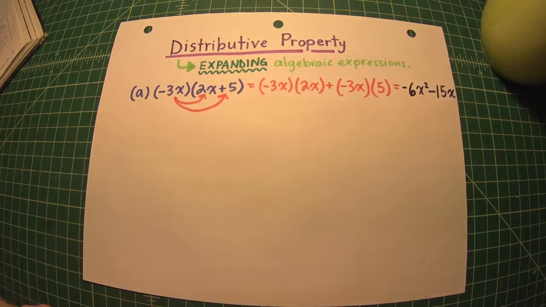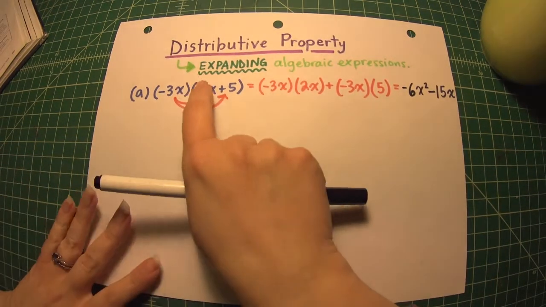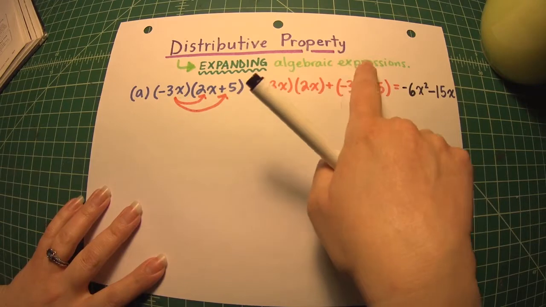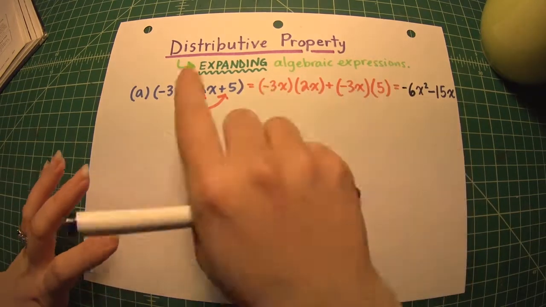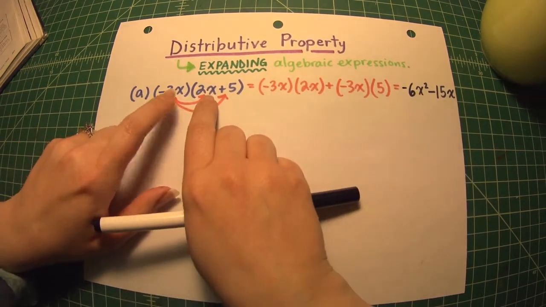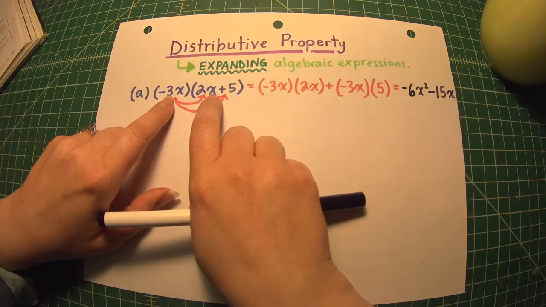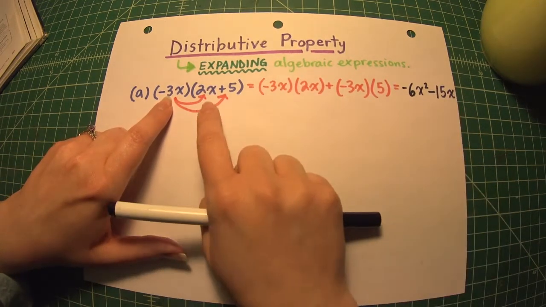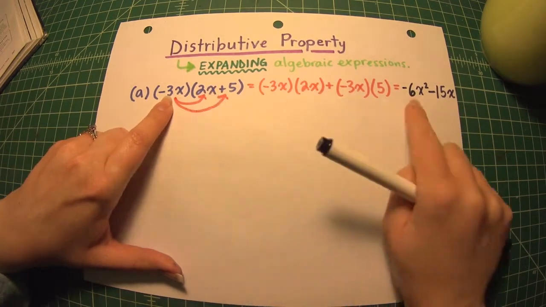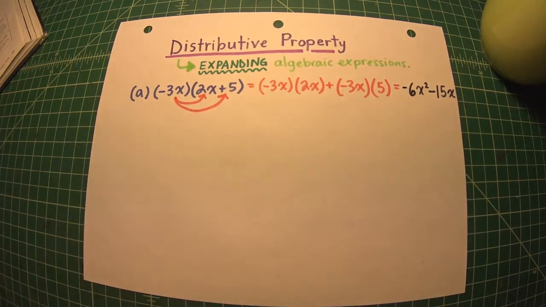So remember, when you're doing distributive property, or in other words, when you're expanding out your algebraic expressions, the whole point is to get it from being two polynomials to just one. So we actually are multiplying it out to get to a single polynomial.